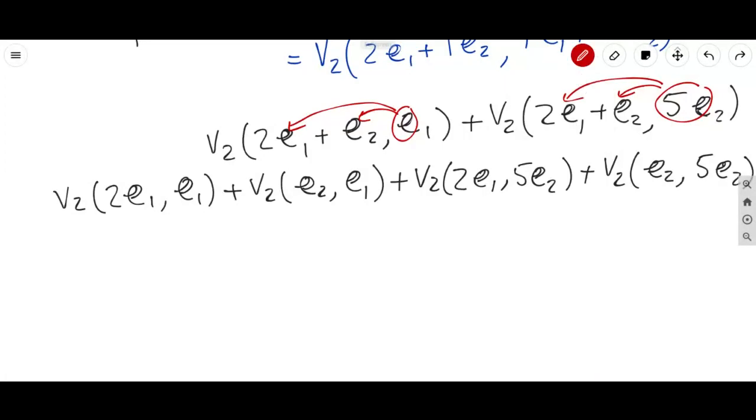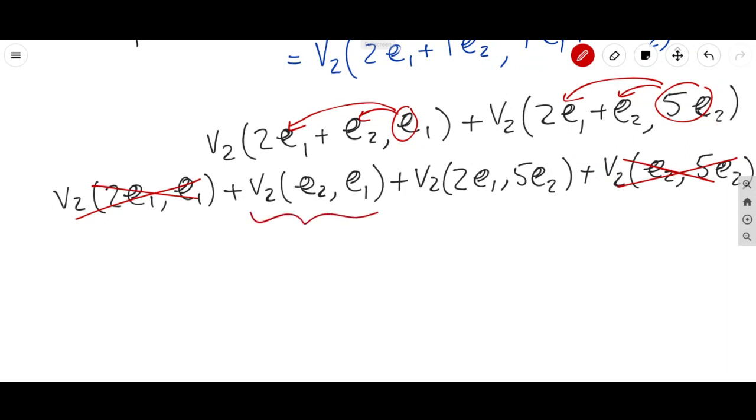Where you have repetition, you have zeros. This is 0, and this is 0. Those have to be zeros because you have repetition in the vectors. That's the repetition property. If you have repetition in the vectors, when you calculate the volume form, it comes out to be 0.